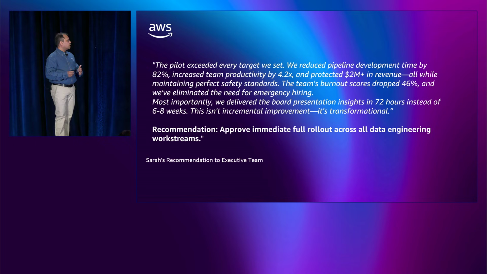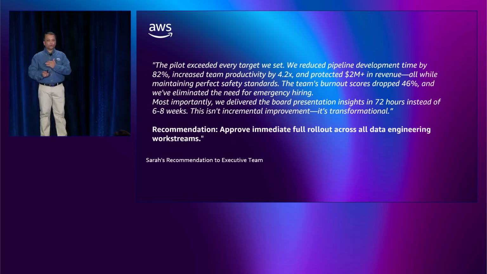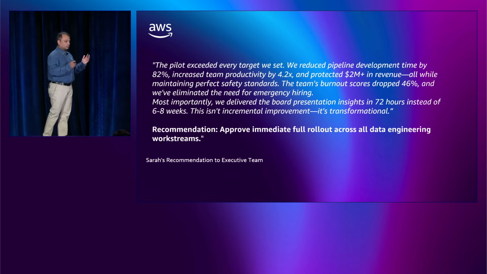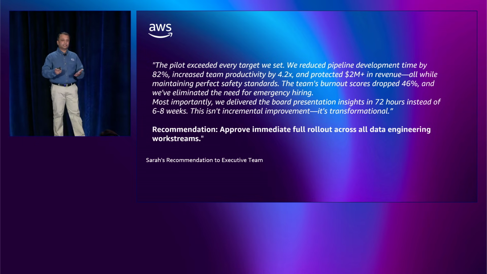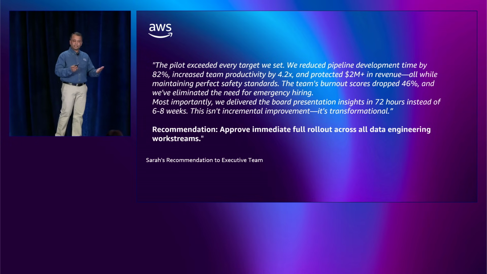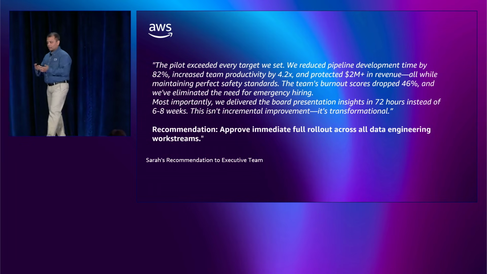The recommendation was to move forward and fully roll out the agentic capability to all the work streams. We really hope that you will be able to take these learnings and implement some of these things in your day-to-day activities in your organization.